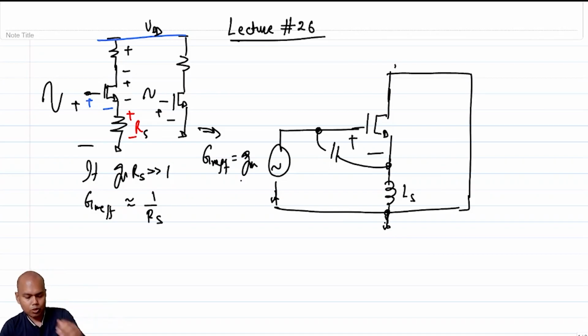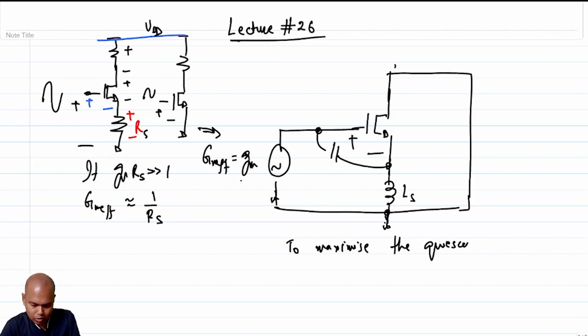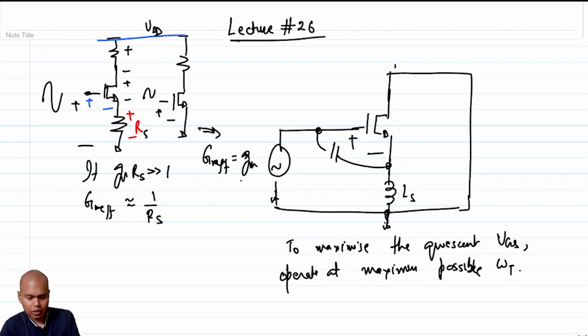So again, to maximize the quiescent VGS is to operate at maximum possible omega t, right? Again, why?